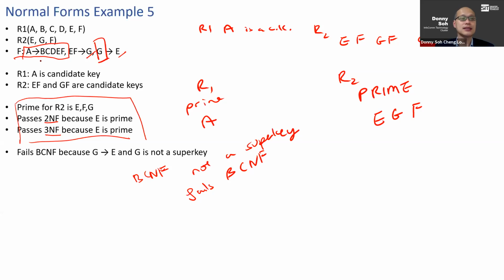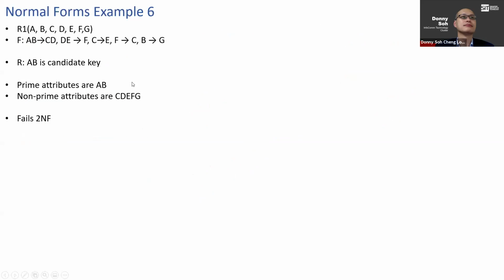Okay, let's look at the next example. So I have this table A, B, C, D, E, F, G. I have these FDs.